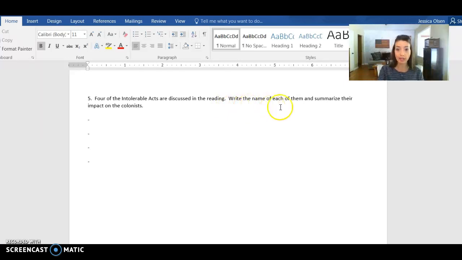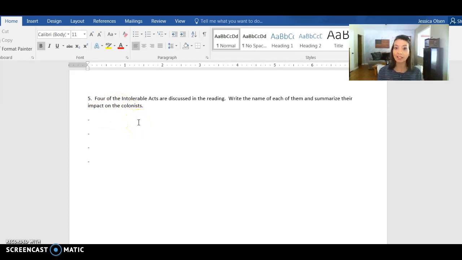And I said, write the name of each of them. So the name, example, the Stamp Act is one of them, and summarize their impact on the colonists. So summarize, make it kind of short, a sentence or 2, on how those laws, act and law is the same thing, how those laws had an effect or an impact on the colonists.